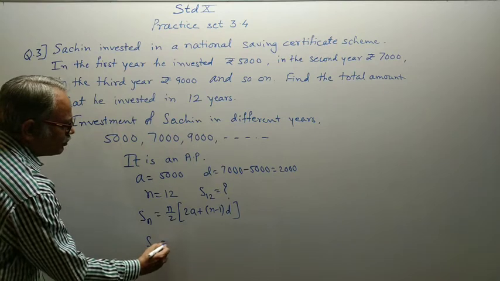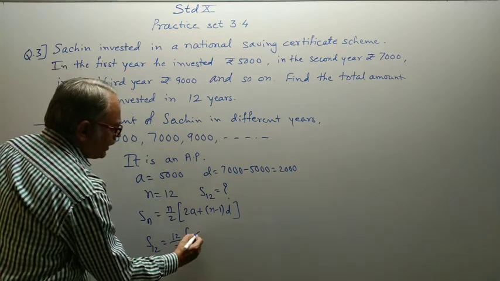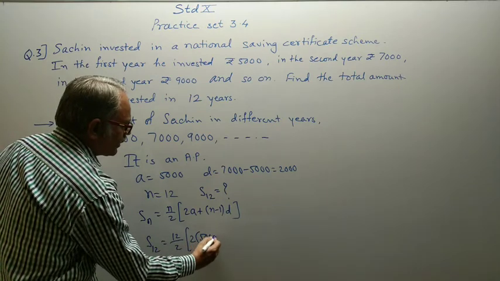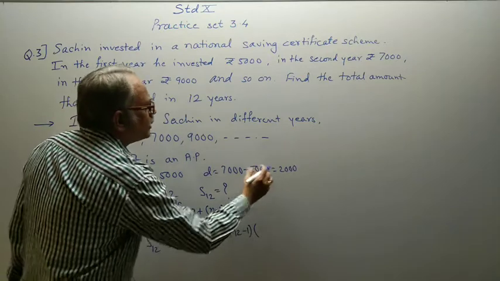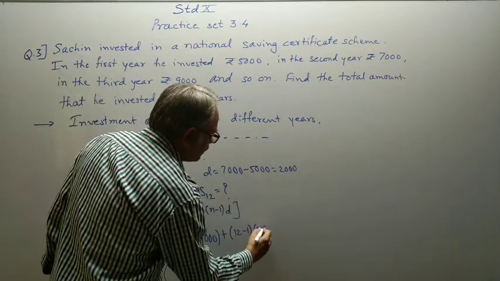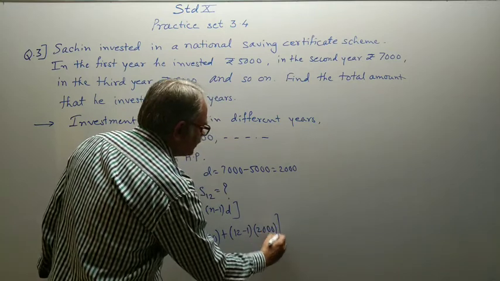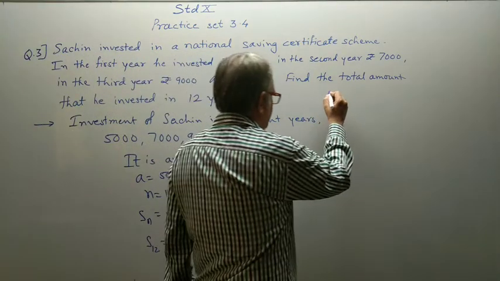S12 is equal to 12 upon 2 bracket 2 into 5,000 plus 12 minus 1 into d. Every year difference is 2,000. Every year he is increasing his investment by 2,000 rupees.